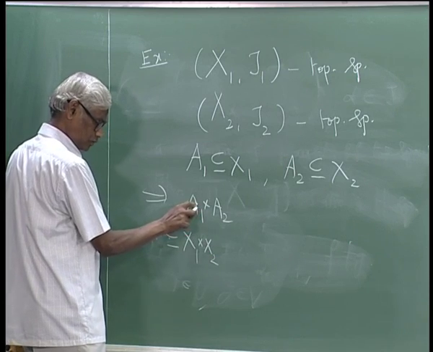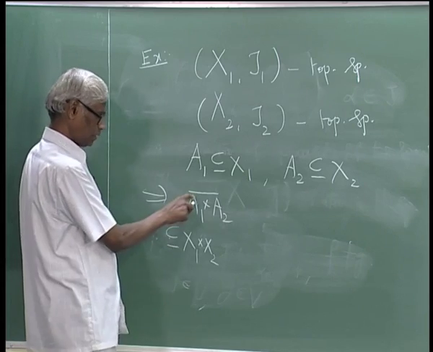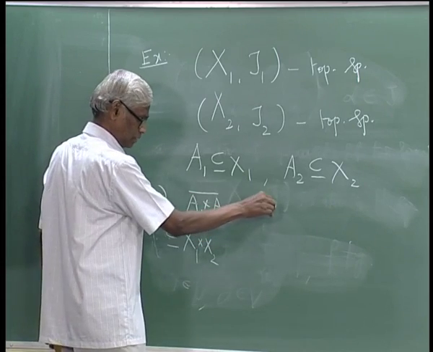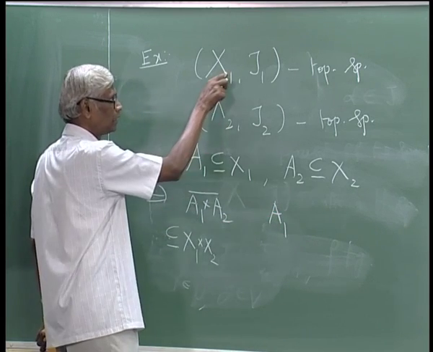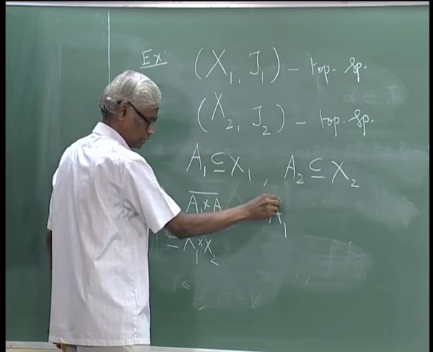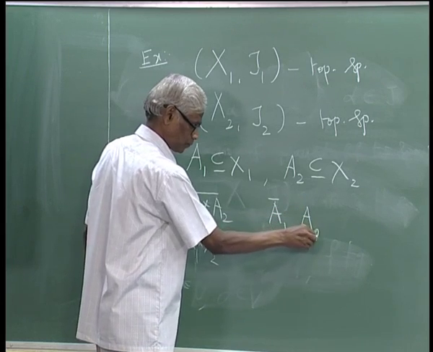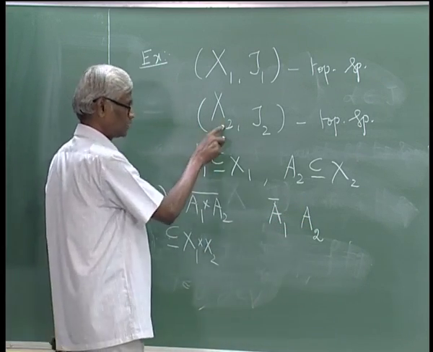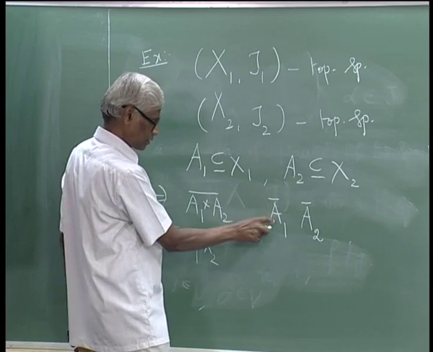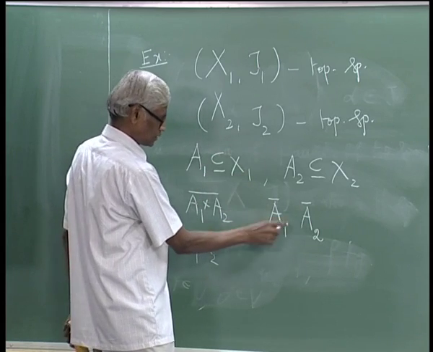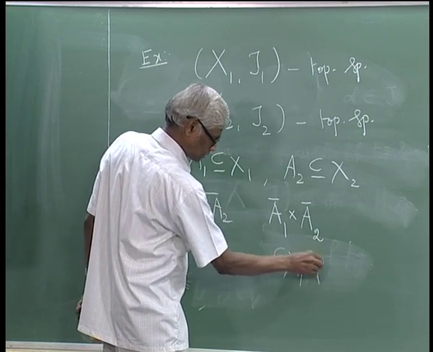We can take the closure of this set with respect to the product topology, and we can take the closure of A_1 in (X_1, tau_1), that is A_1 closure, and similarly the closure of A_2 in X_2 with respect to tau_2, A_2 closure. Now the Cartesian product of the closures is a subset of X_1 cross X_2.